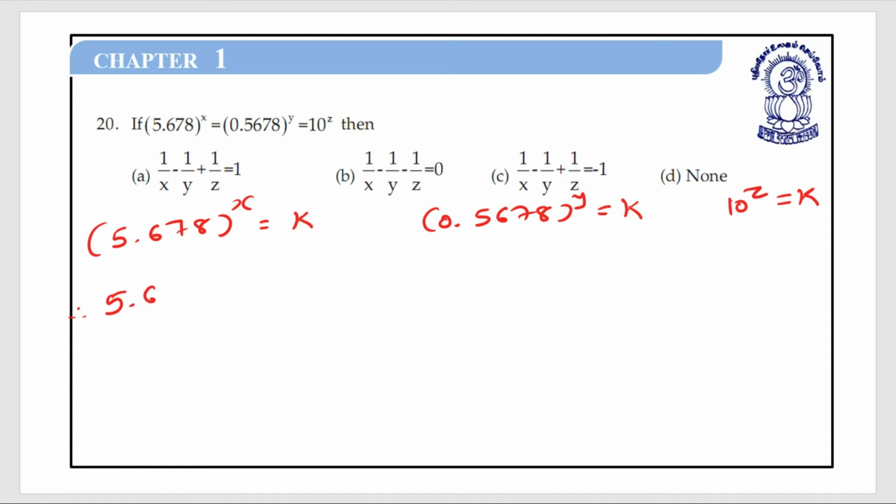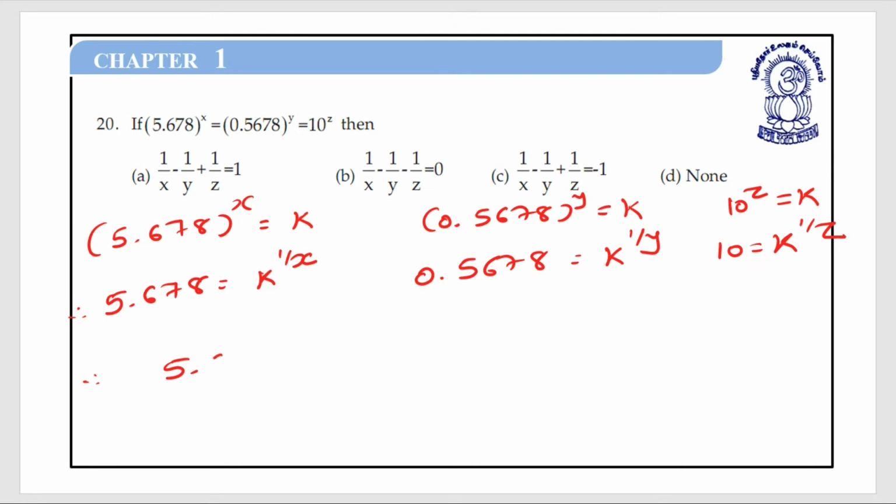So 5.678 is equal to k raised to 1 by x, 0.5678 is equal to k raised to 1 by y, 10 is equal to k raised to 1 by z. So here 5.678 is equal to 0.5678 multiplied with 10.